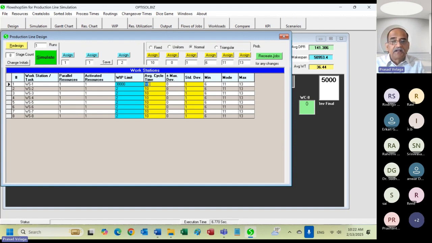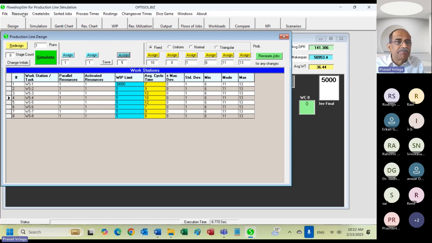Let me assume that the cycle times are 7 minutes, 9, 12, and again 12, and 7, 9, 8. So this is an unbalanced line, and assume that there is no randomness. And let us take a WIP limit of 5 at every workstation.